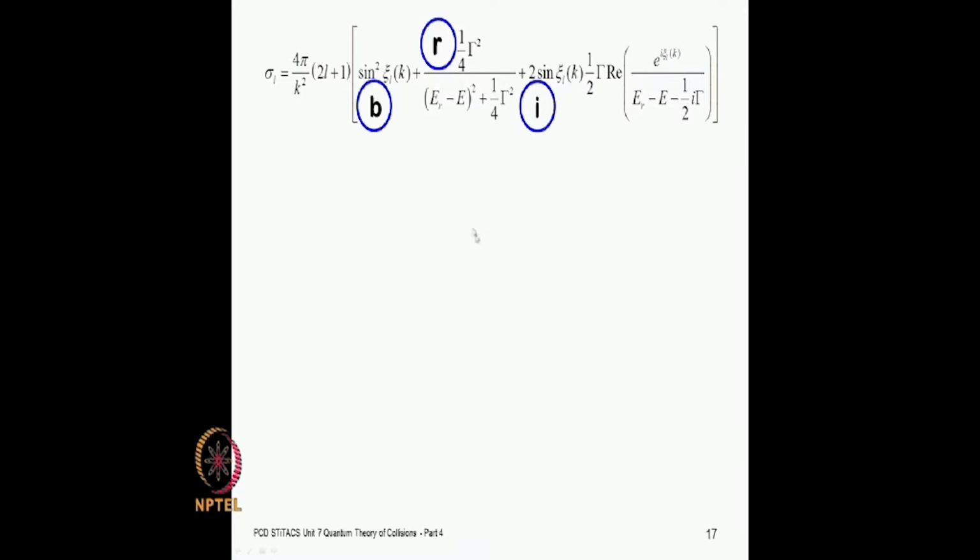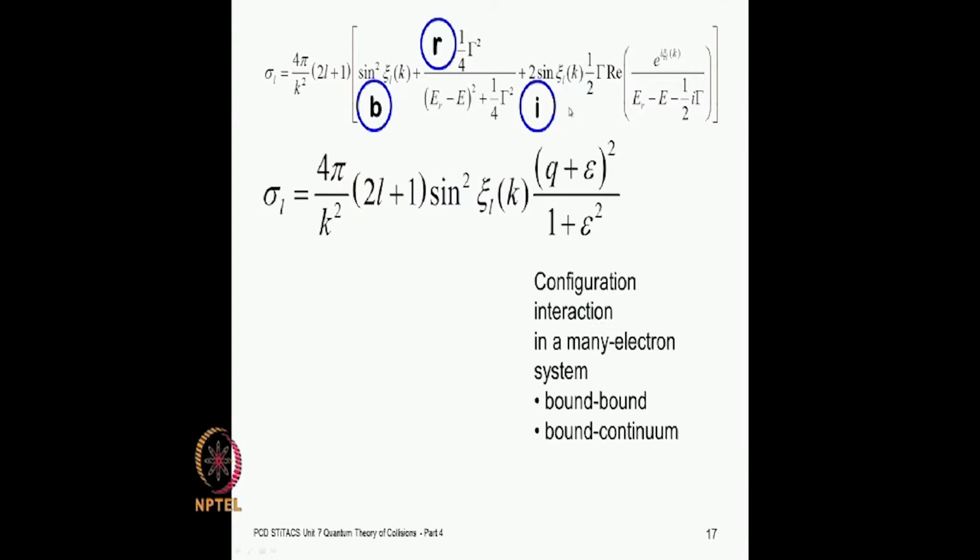So these are the three terms which are of importance to us: the background term, the resonance term, and the interference term. And this formula in terms of the Fano parameters becomes extremely useful when you study the configuration interaction between bound to bound and bound to continuum transitions. So that's what you get in a phenomenon like autoionization.